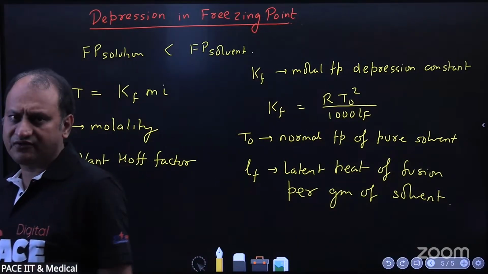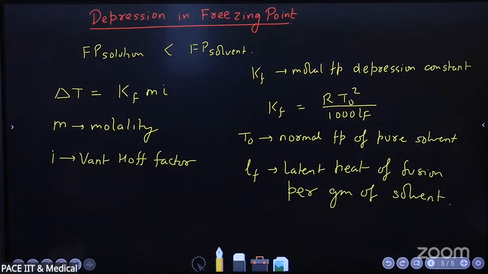So these are our first two colligative properties: elevation in boiling point and depression in freezing point. Okay.